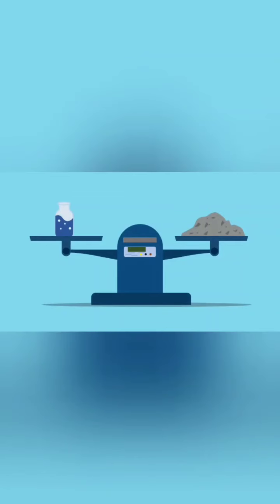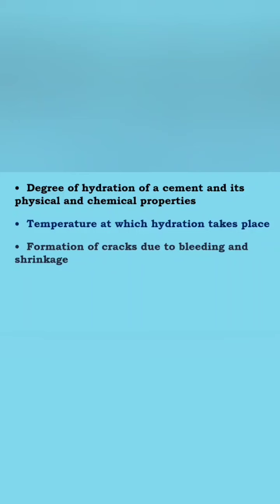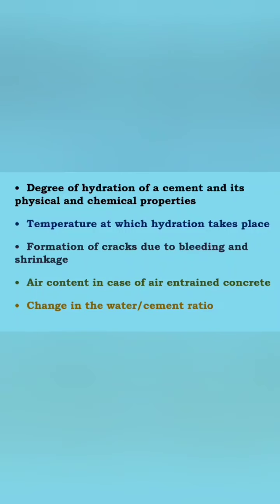In general, the strength at any water-cement ratio is a function of the degree of hydration of a cement and its physical and chemical properties, temperature at which hydration takes place, formation of cracks due to bleeding and shrinkage, air content in case of air-entrained concrete, and change in the water-cement ratio.